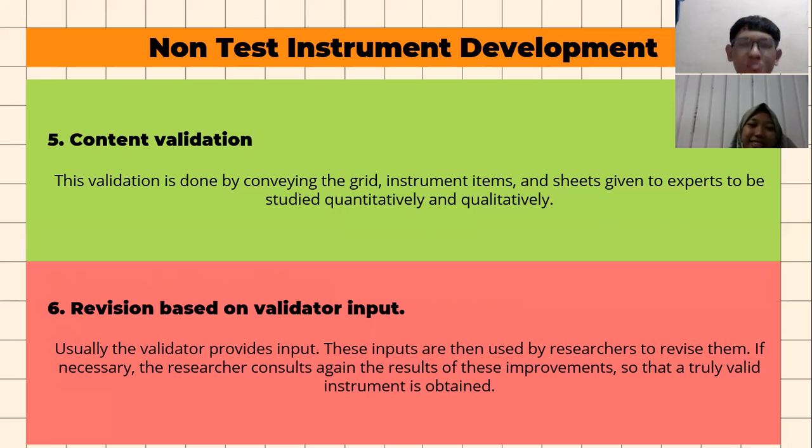So we need the existence of experts to give us validation. The sixth is revision based on validator input. Usually the validator provides input. These inputs are then used by researchers to revise them. If necessary, the researcher consults again on the result of this improvement so that a truly valid instrument is obtained.